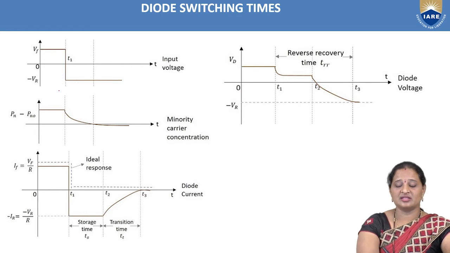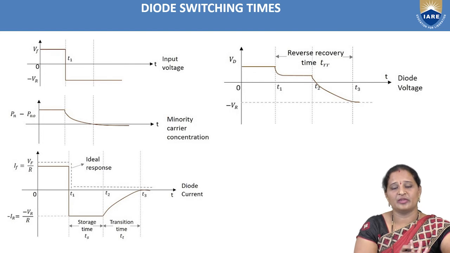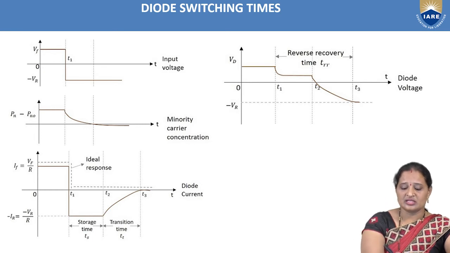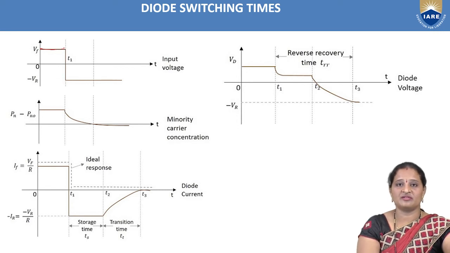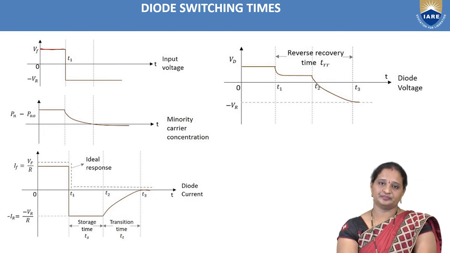If we apply this kind of input voltage to the diode as shown in the circuit, what is the current flowing through the diode, what is the voltage drop across the diode, and how much time is required to change its state from on to off, we'll see now. Before T1, the input voltage is plus VF, which makes the diode D forward biased.